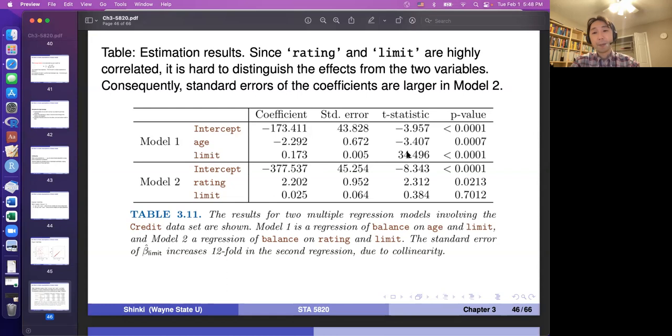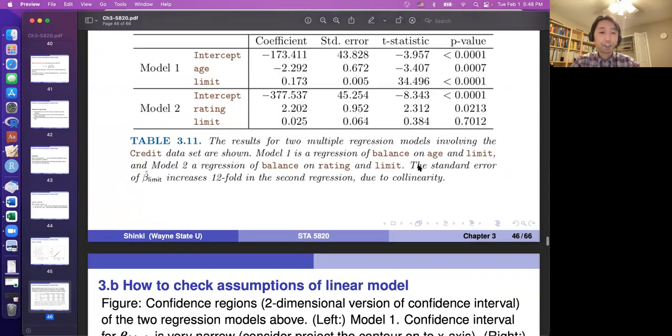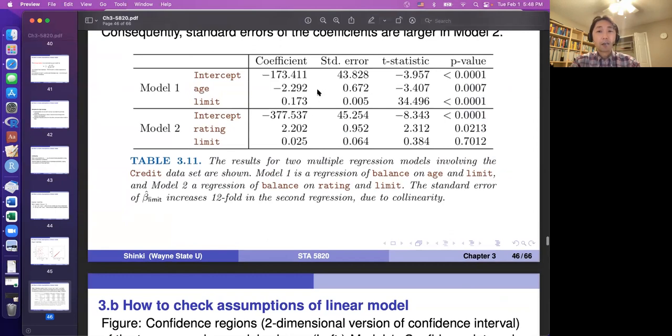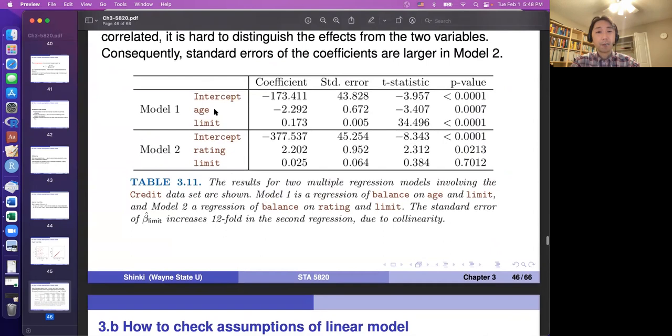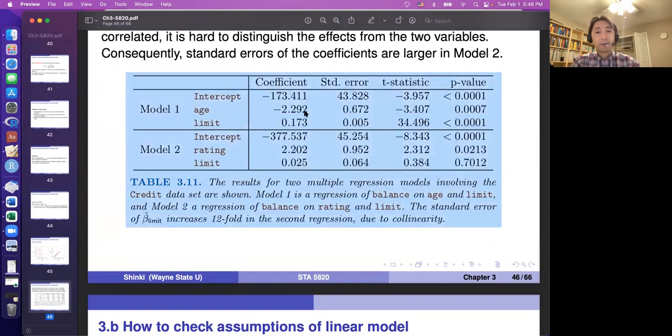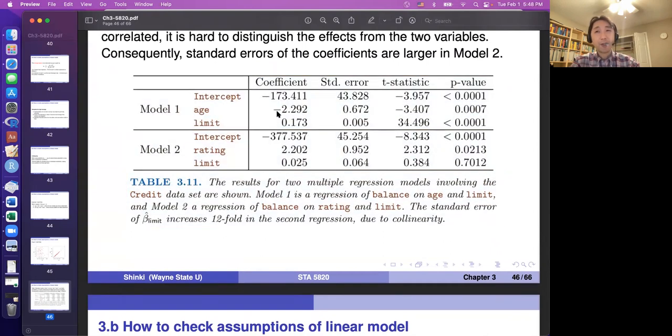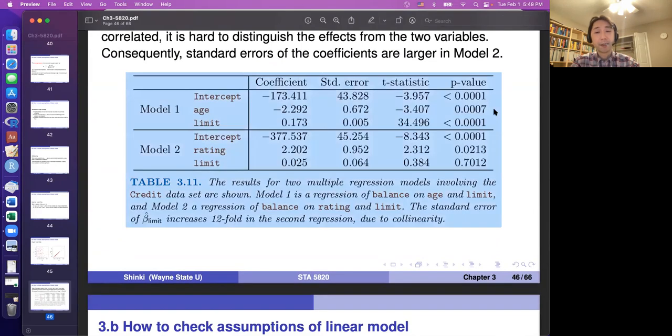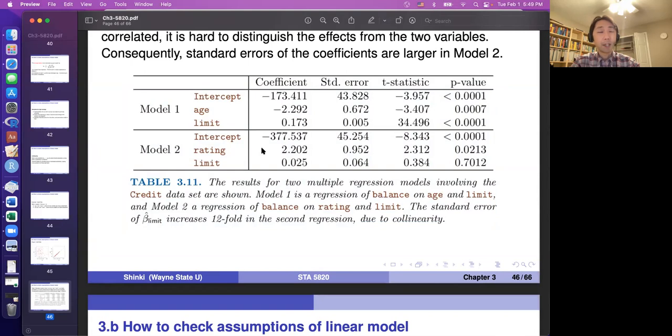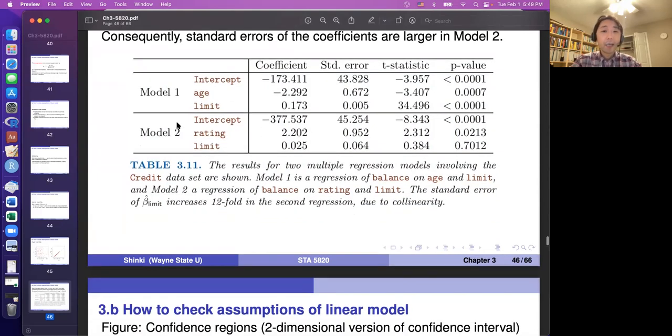And actually the t-value is much larger, so it is more significant also. So practical difference and significant difference are different. For example, being 1 year older means $2.3 more debt. This is statistically significant, but practically it's not important. Okay, anyway, that is the model 1 result.